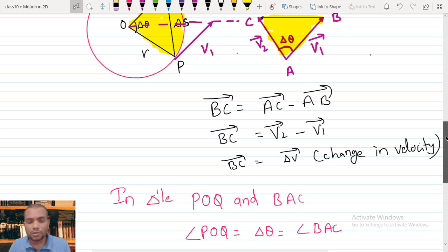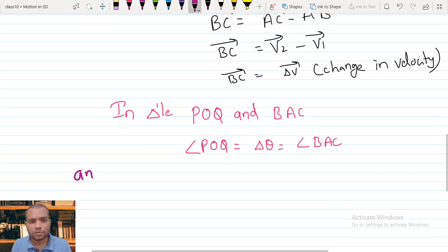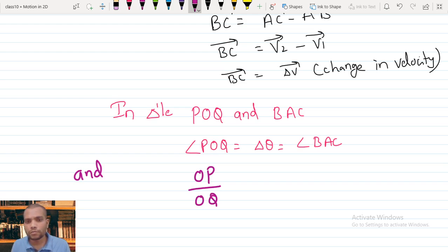So angle POQ equals delta theta, which equals angle BAC, and we know that in similar triangles the ratios of the sides are also equal. OP upon OQ equals AB upon AC. This is the property of similar triangles.